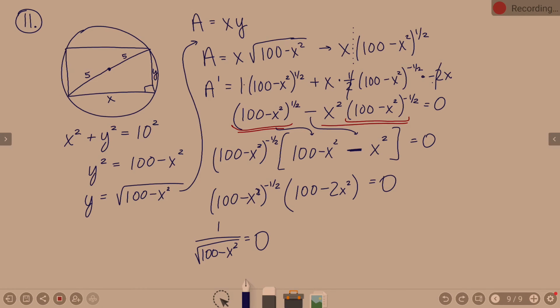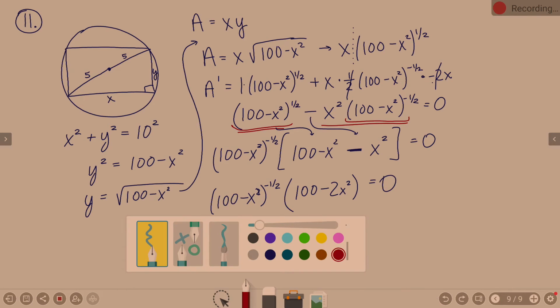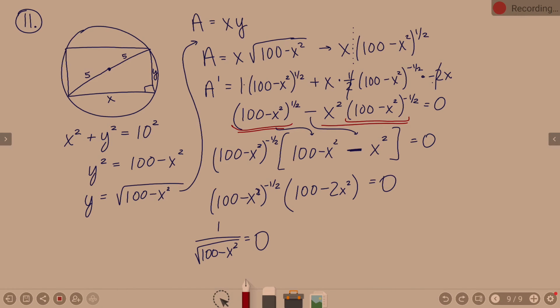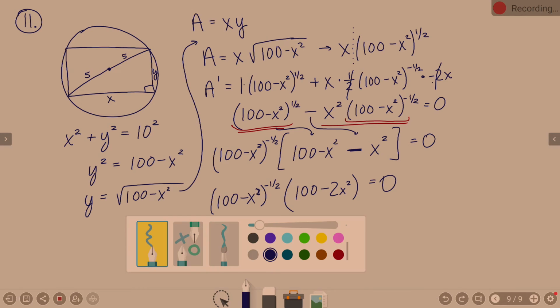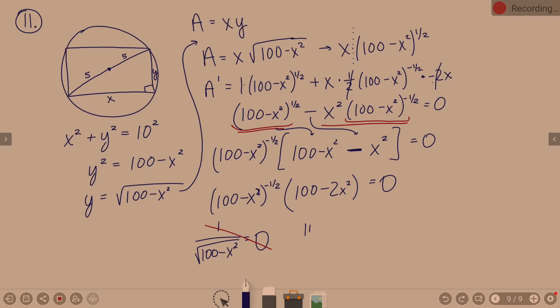Can 1 divided by this square root ever equal 0? It doesn't. Because 1 over something is not going to equal 0. So you'll see I didn't even consider this on my answer key because it's not an issue. That piece can never equal 0. My critical point has to come from the other piece. And the other piece is the 100 minus 2x squared, setting that equal to 0. Okay, so the negative exponent piece isn't going to happen.